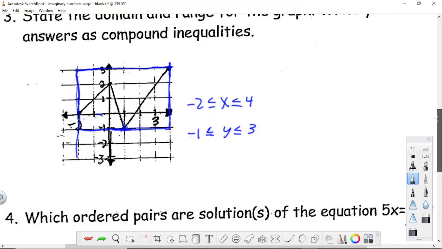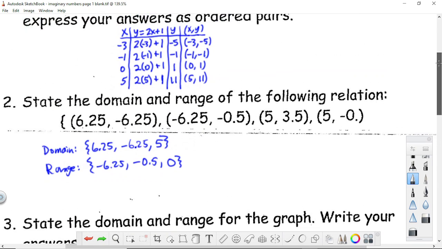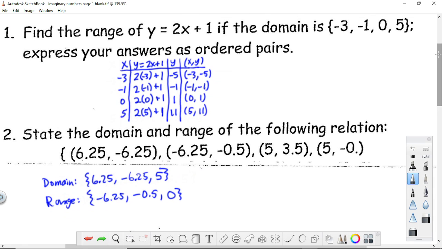It's the same thing though, whether it says f of x or g of x or if it just says y. The idea is the same. The rule lets us calculate what y is for that x, like this first one did. We had it right there.